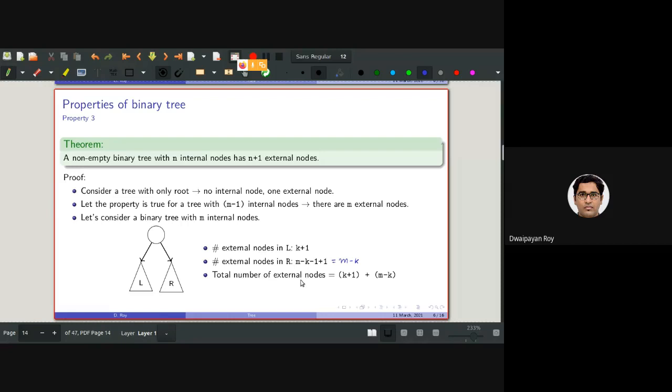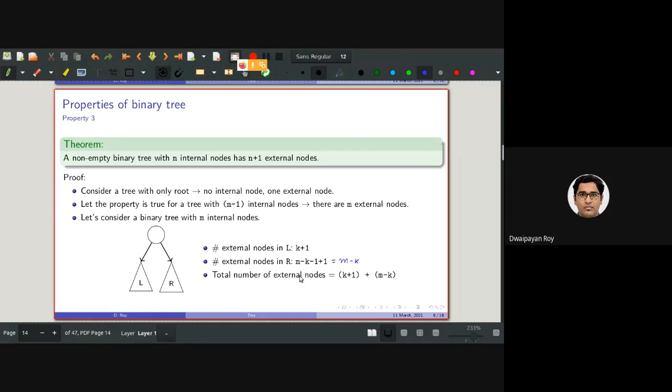And the total number of external nodes will be the number of external nodes in the left subtree plus the number in the right subtree. Because the root is an internal node, there is no point in counting any external node from the root. All the external nodes will be either in the left subtree or in the right subtree.